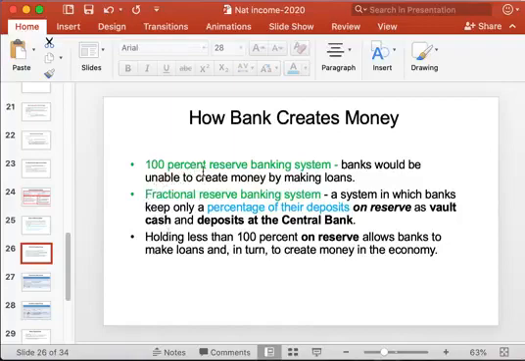In case of 100% reserve banking system, banks would not be able to create money by making loans, because then the central bank or the government will require 100% of the deposits made by the general public to be maintained as deposits in the central bank, and the banks will be left with no money to provide loans to the general public.